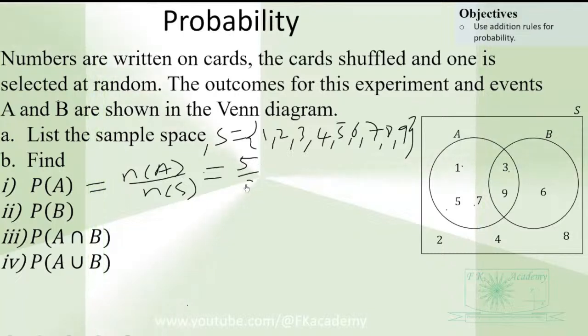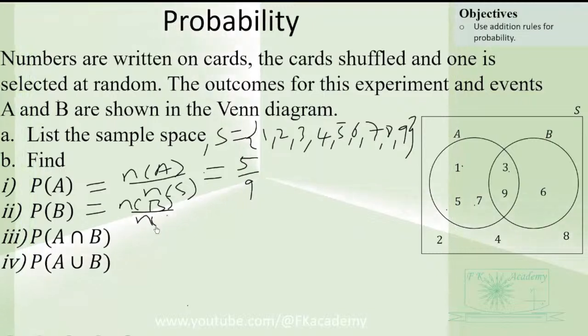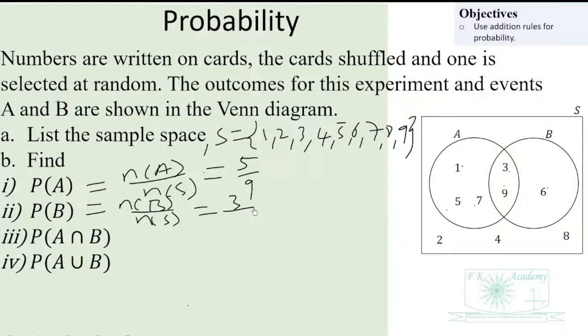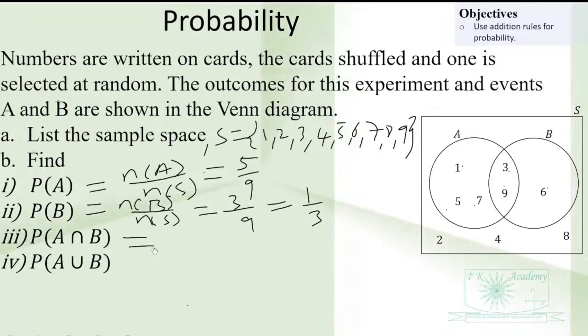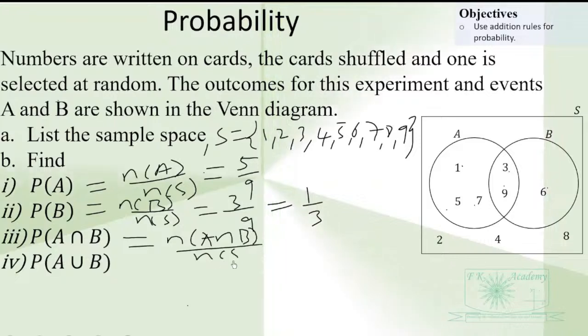Then we are also asked to find probability of B, which is number of elements in B over number of elements in the sample space. For B, we have 1, 2, 3. So we get 3 over 9, which is the same as 1 over 3. The probability of A and B is number of elements in A and B over number of elements in the sample space.